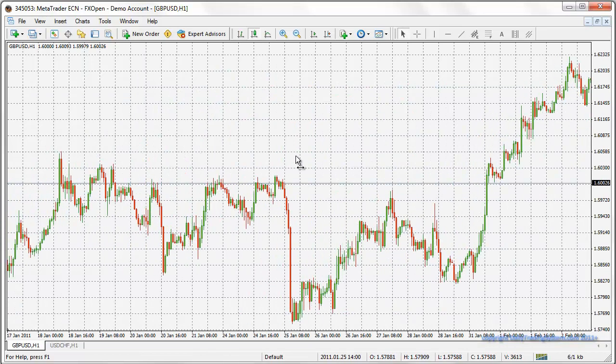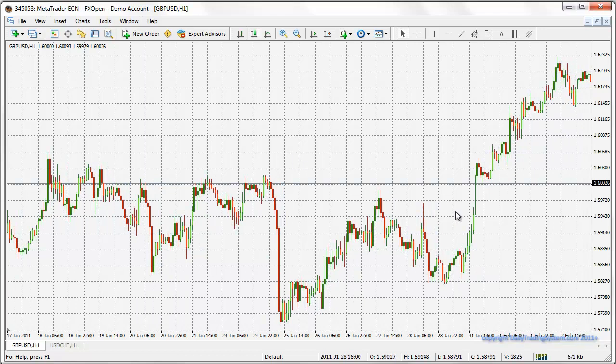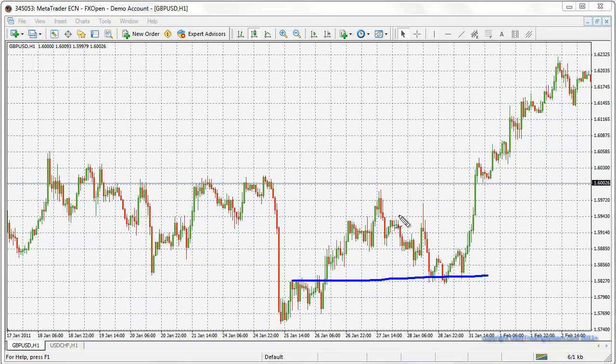Okay, here's one. I guess we could take it from those two lows. And this is 1, 2, 3, 4, 5, 6 breaks there, 1, 2, 3, 4, 5, 6, and the TP gets hit right there.